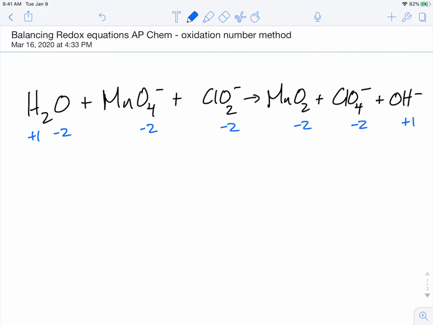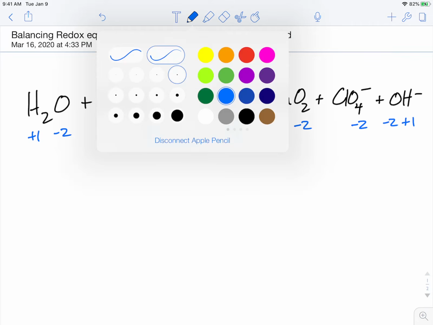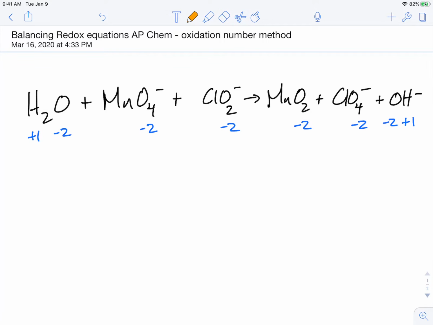Very common mistake that people run into. All right. For all the other elements, we want to recognize that their oxidation numbers change. And I forgot on the oxygen over there. So we have to figure out what that oxidation number would be. Taking a look at MnO4 minus, for instance, the overall charge in this ion is -1.